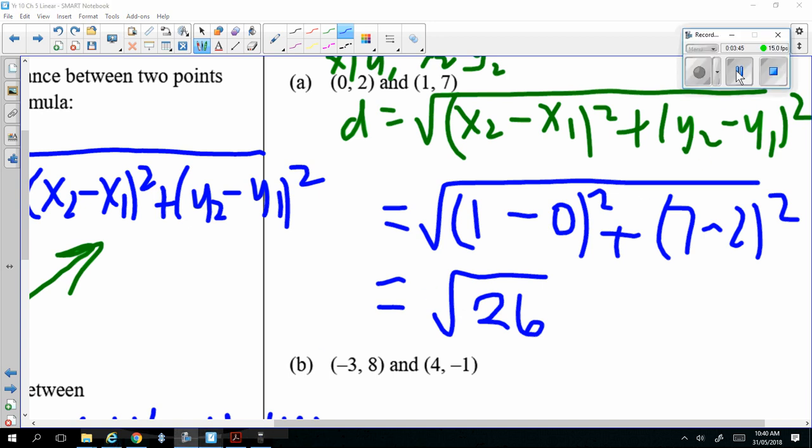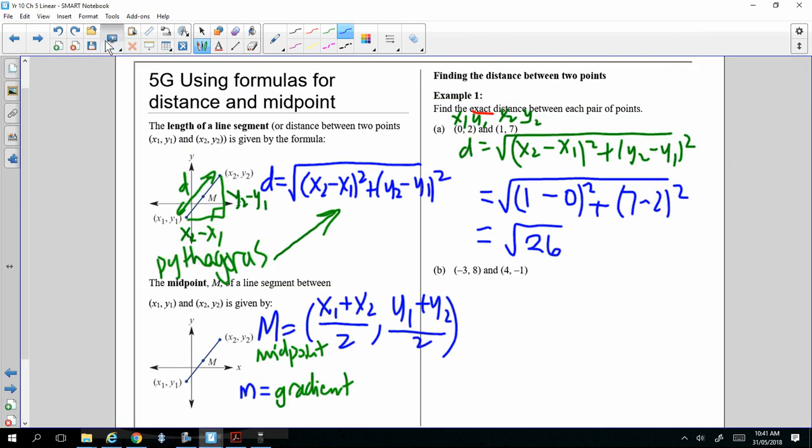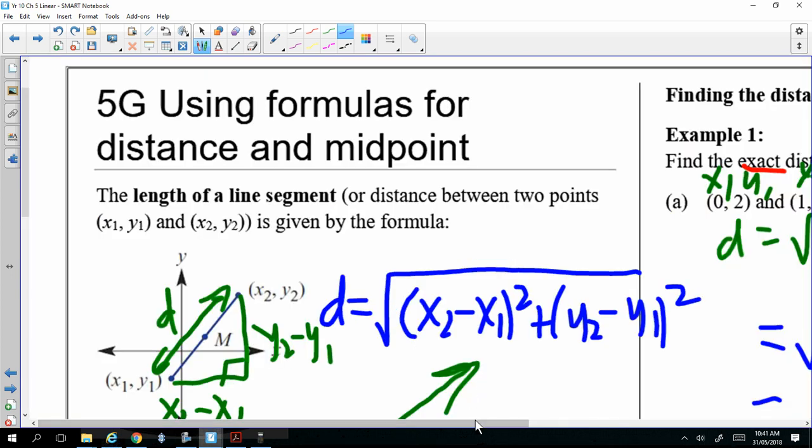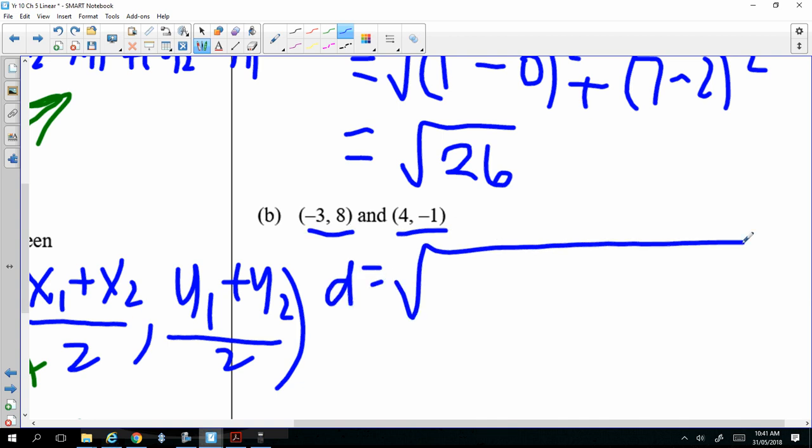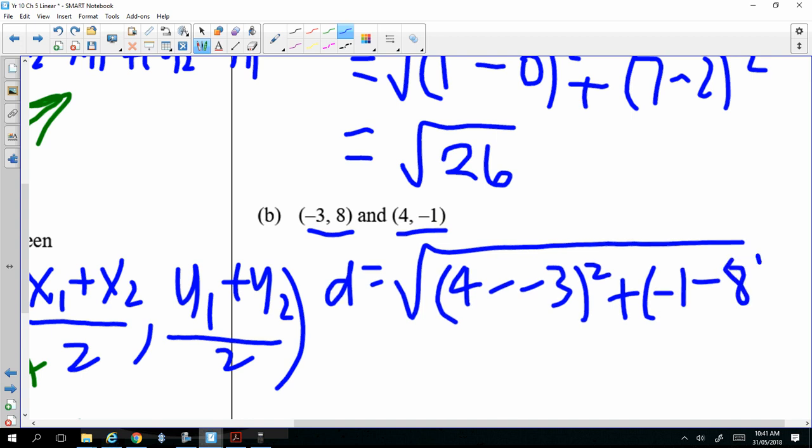Alright, let's go through this. I'll just choose that as your second point. That's your first point. So distance equals the square root of (x2 minus x1) squared plus (y2 minus y1) squared.